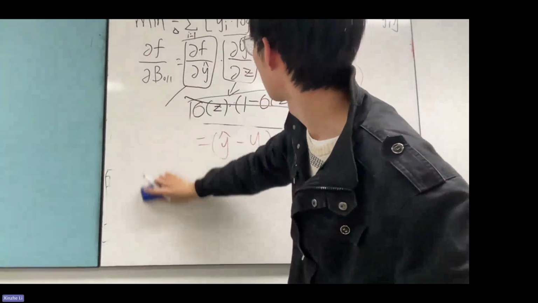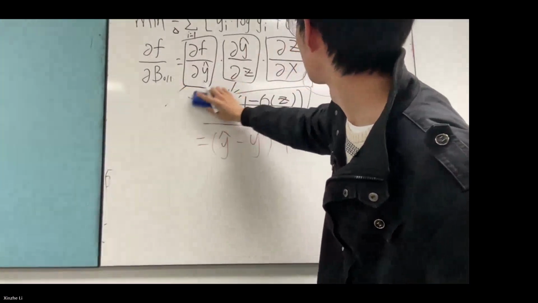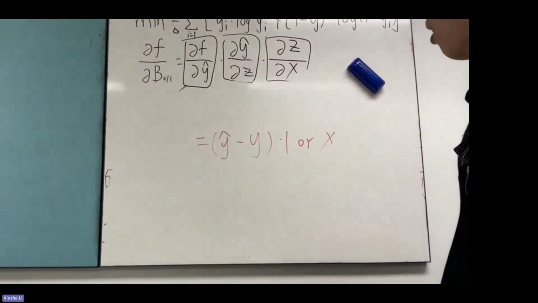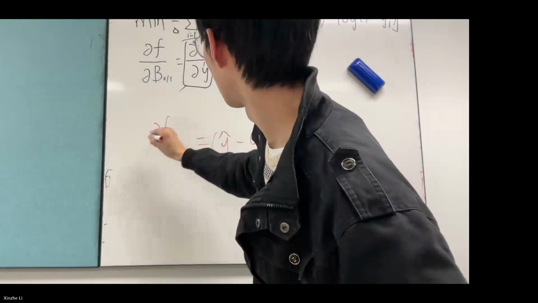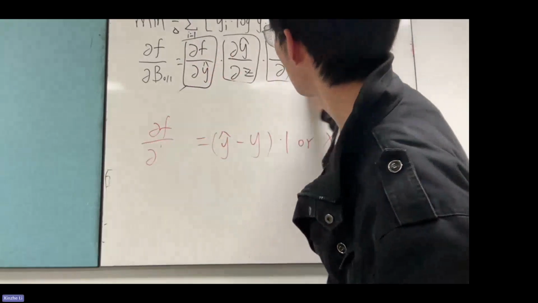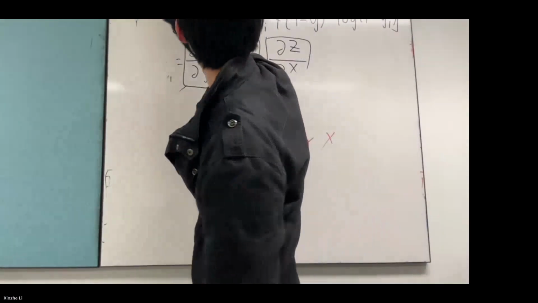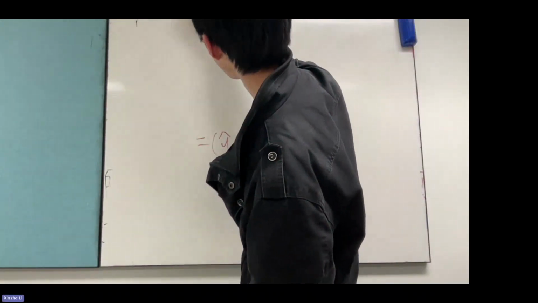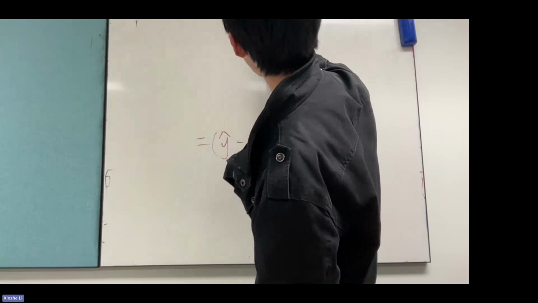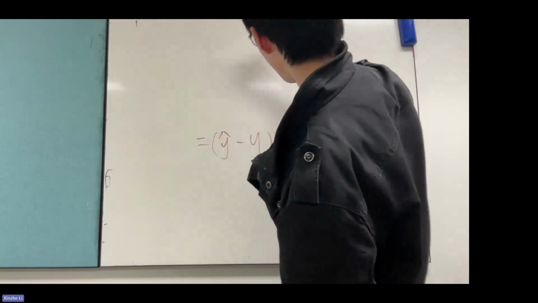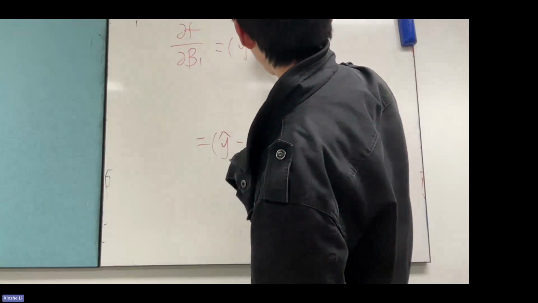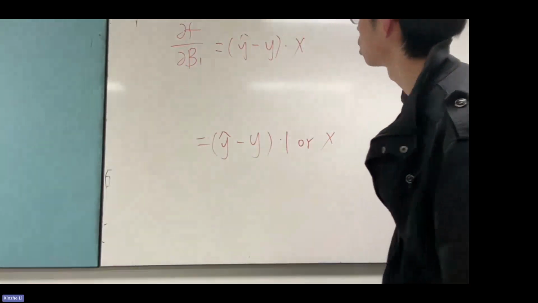Let me erase this intermediate step. What we have is the derivative of this objective function with respect to beta 0 equal to y hat minus y, and with respect to beta 1 equal to y hat minus y times x.